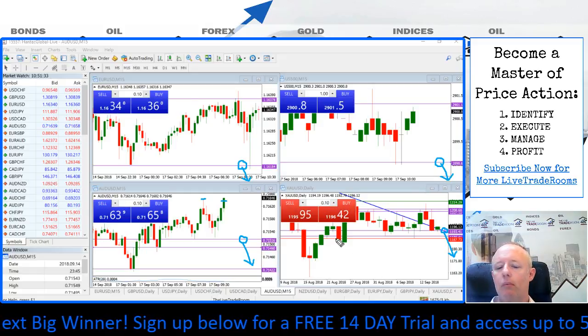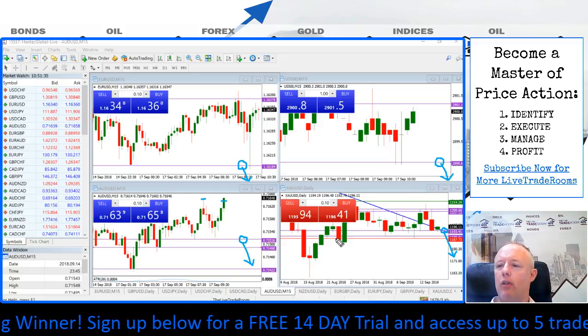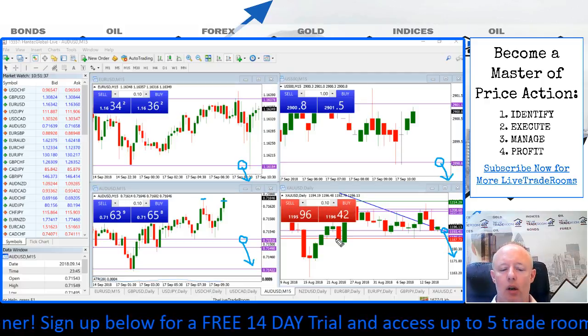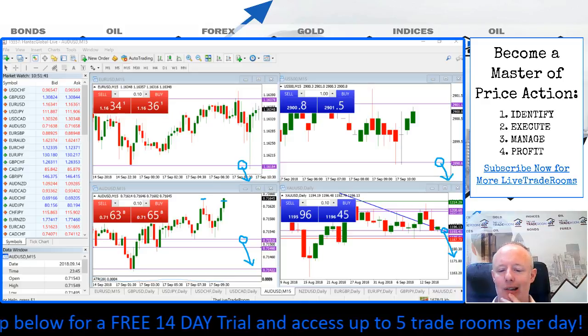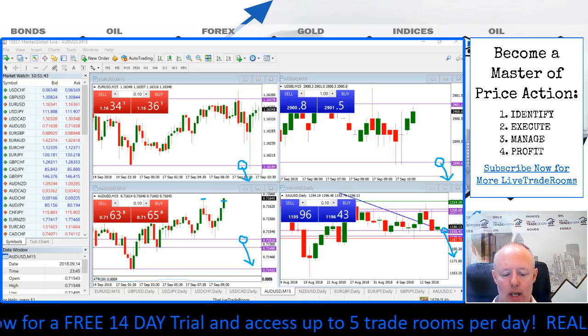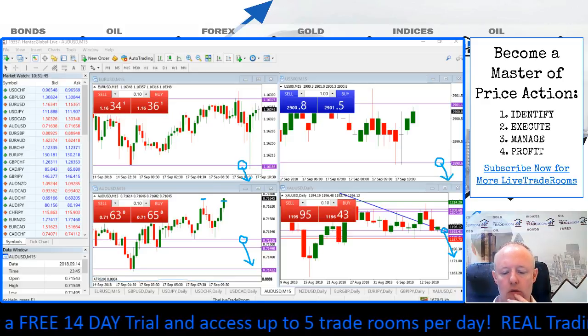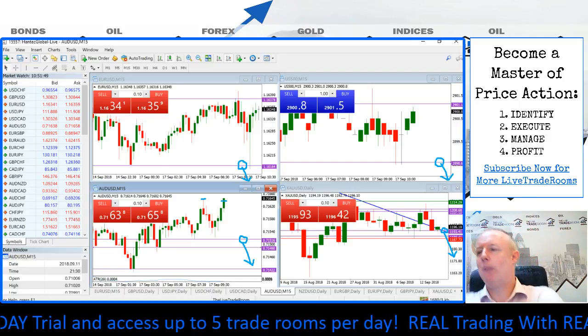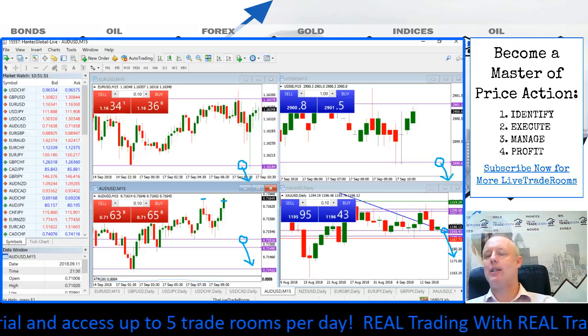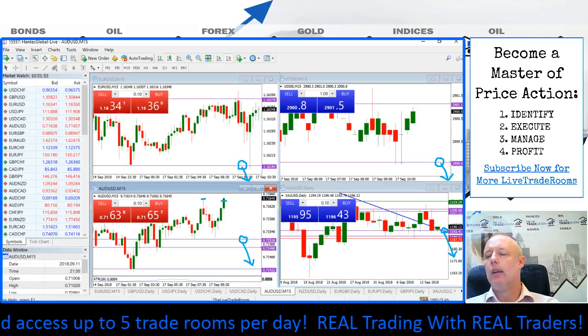So what we have currently up on screen is we've identified probably the most high probability trading opportunities for the session. As you can see, it's probably the best of the opportunities that are currently out there.